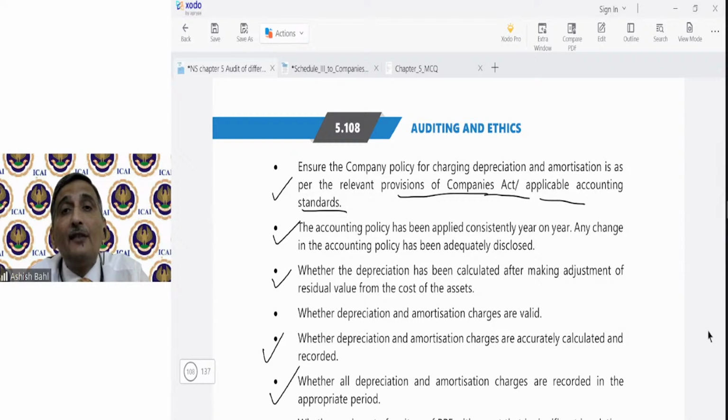So many students may tick this option because they would be saying, okay, it has to be charged as per income tax. But when the company is preparing its financial statements, making entries in its books of accounts, how will it charge depreciation? As per the requirements of the Companies Act 2013, read with applicable accounting standards. Okay.